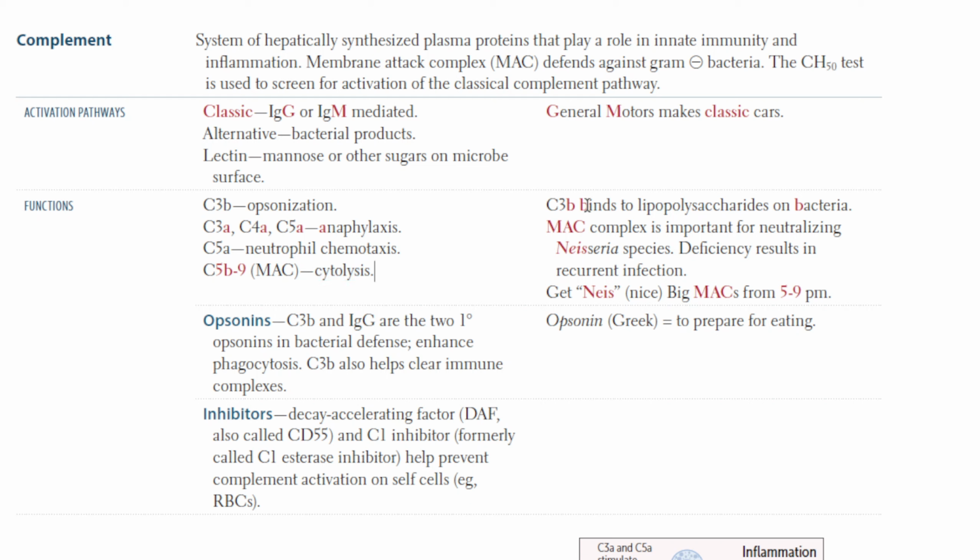C3b, that's the only one with a b except for C5b. C3b binds to the lipopolysaccharide on bacteria. C3b binds to lipopolysaccharides on bacteria.